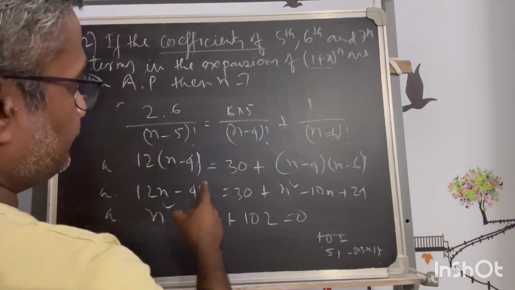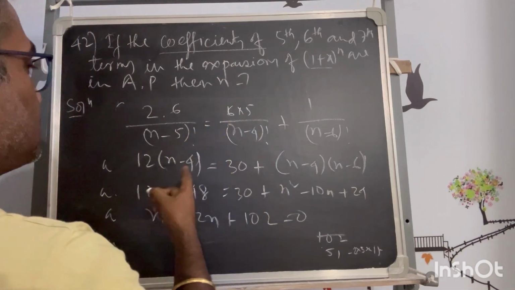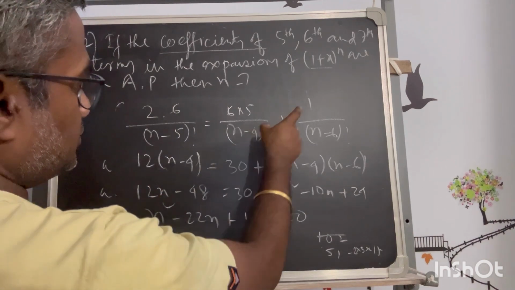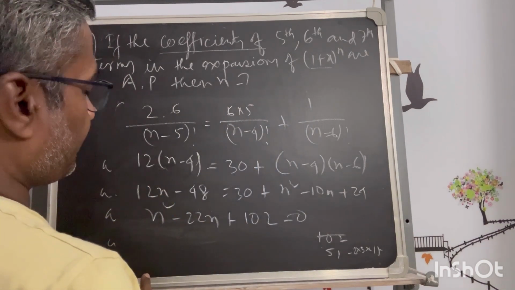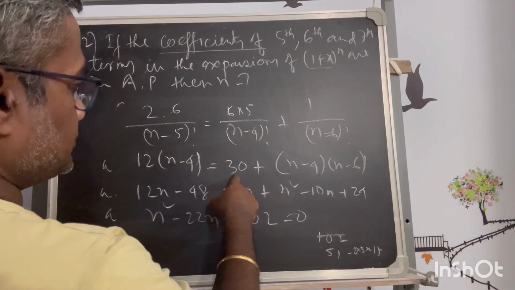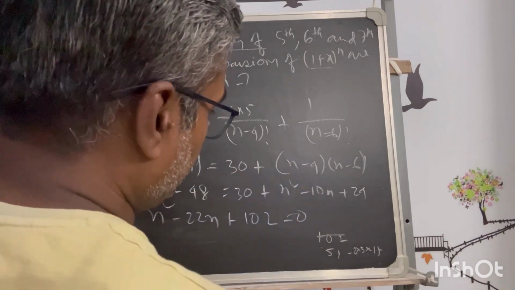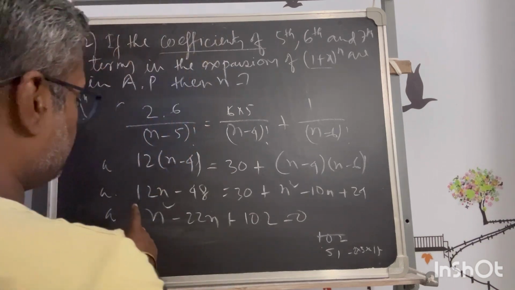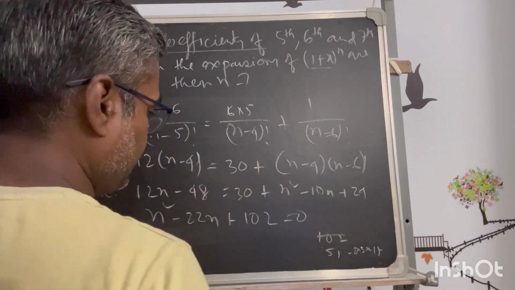This was factorial 6, so 6 will be there, 4 factorial 5 will be there, this and this is okay. Then n minus 4, this is okay, fine. 24 minus 4, this is 12, 22.